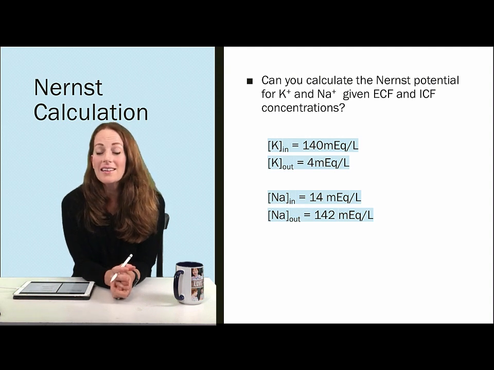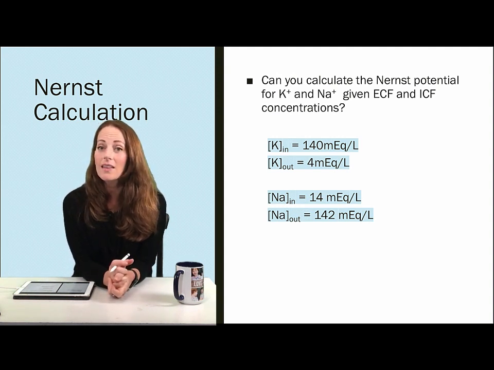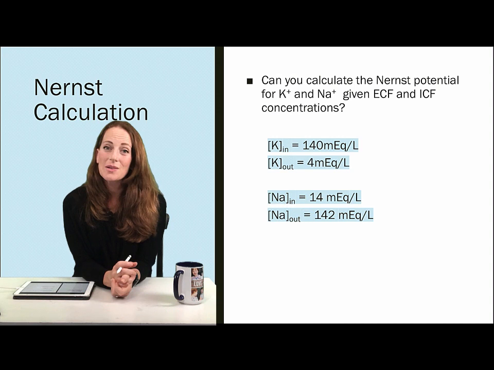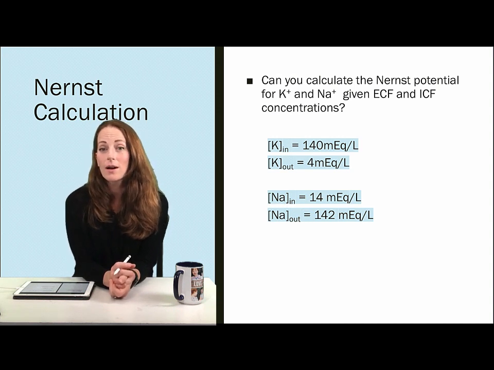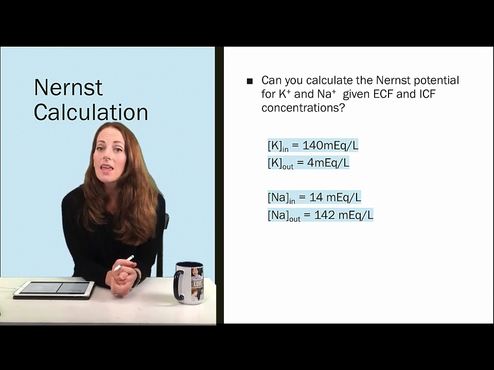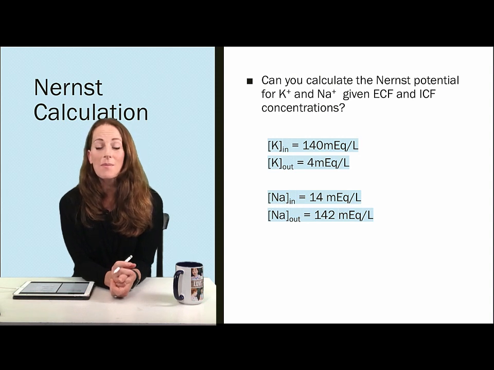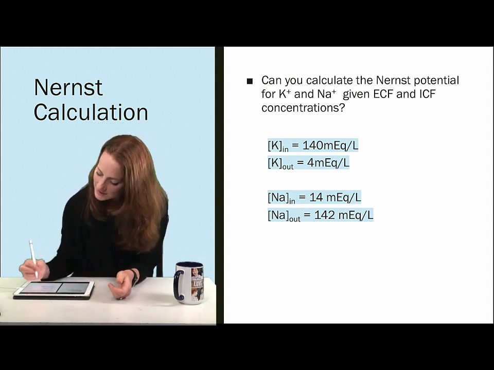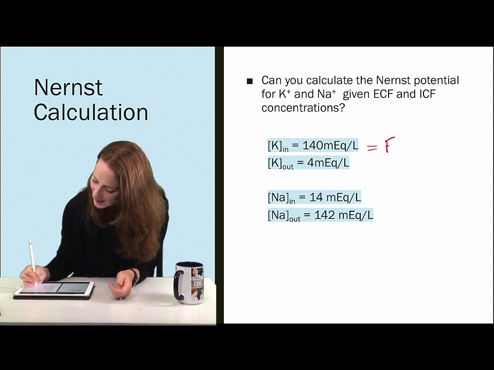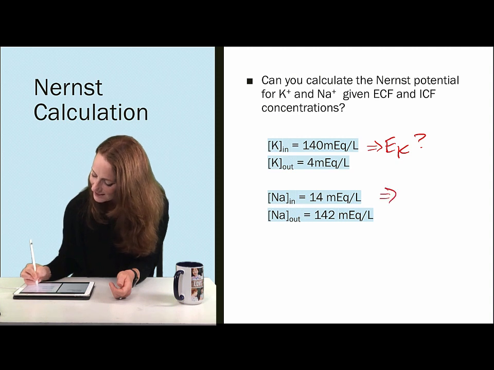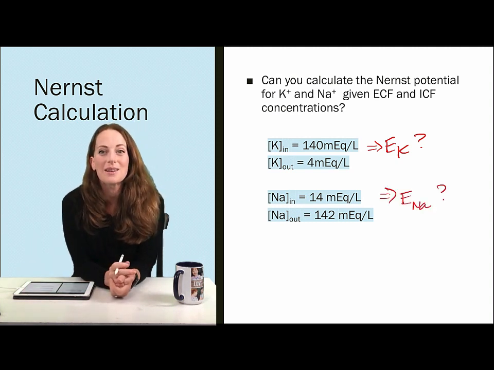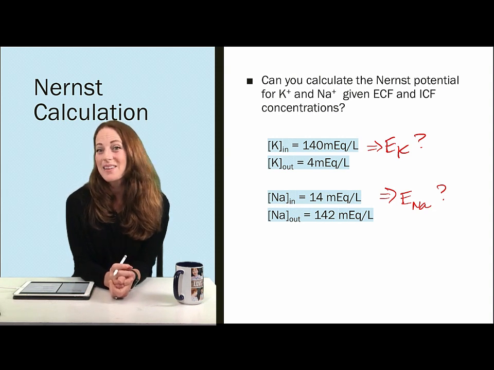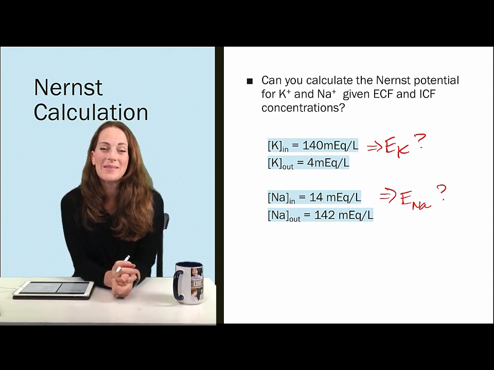So pause here and see if you can calculate the Nernst potential, or the equilibrium potential, for potassium and the equilibrium potential for sodium, given those concentrations from Guyton chapter 5. So can you calculate EK? And can you calculate ENa given that Nernst equation? Pause, and I'll give you an answer in just a second.